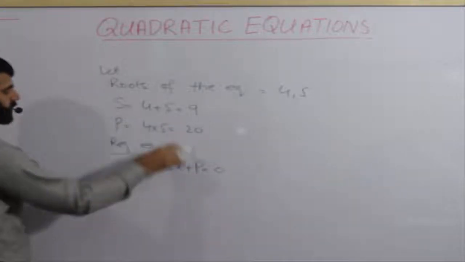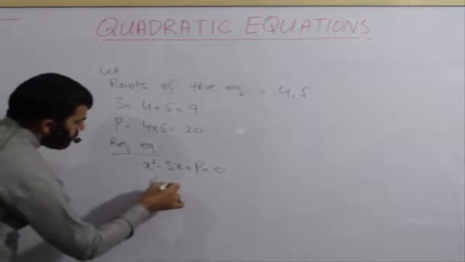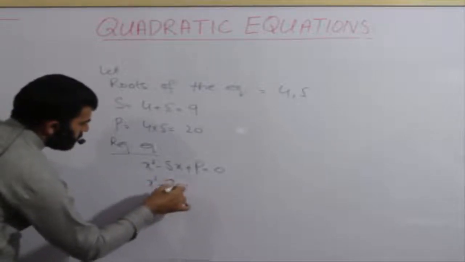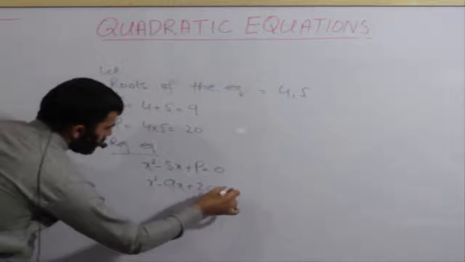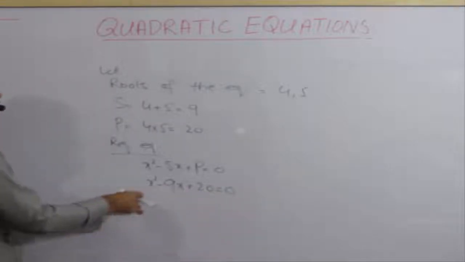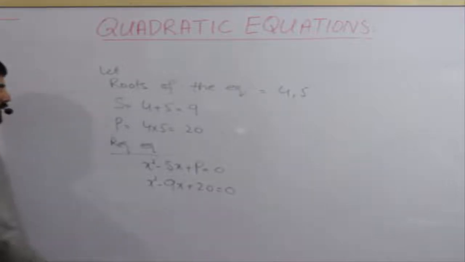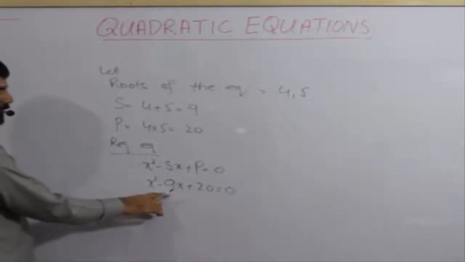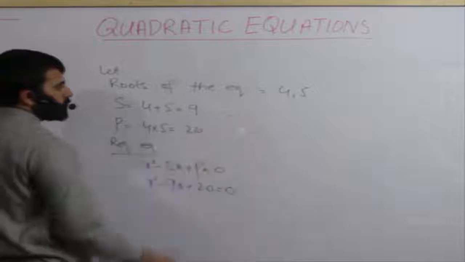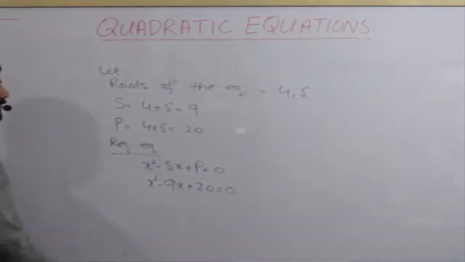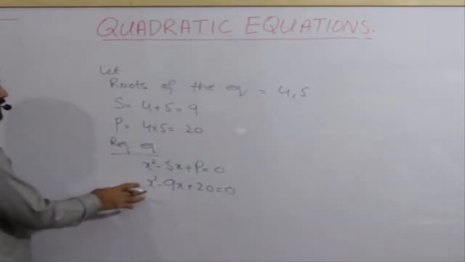So while substituting these values, we get a quadratic equation whose roots must be 4 and 5. Once we factorize it or go with the quadratic formula or completing the square method, we will get two values for x, and those will be 4 and 5. So we got a method to get the equation whose roots are given.